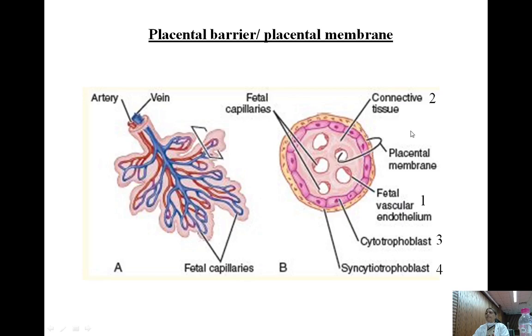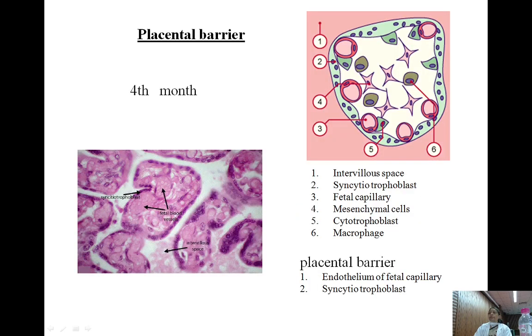Here is the intervillous space. These are the layers: the fetal vascular endothelium, then the connective tissue or mesoderm, then the cytotrophoblast, then the syncytiotrophoblast. But this happens only in the early part of pregnancy. There are 4 layers.